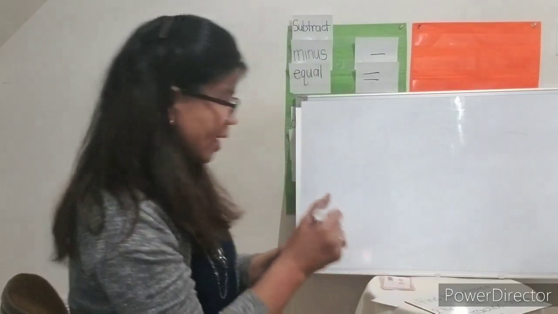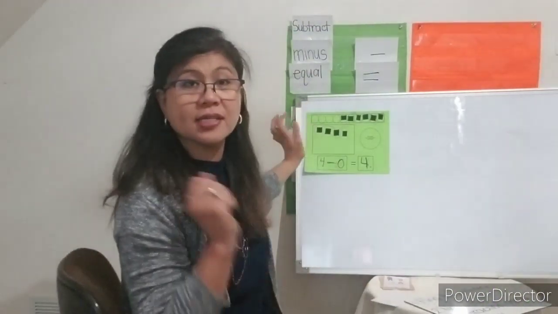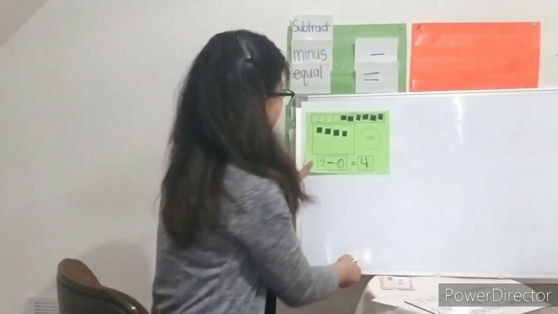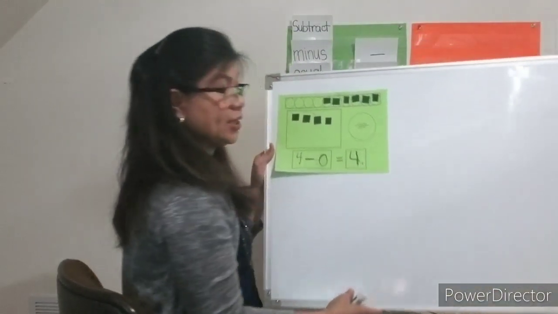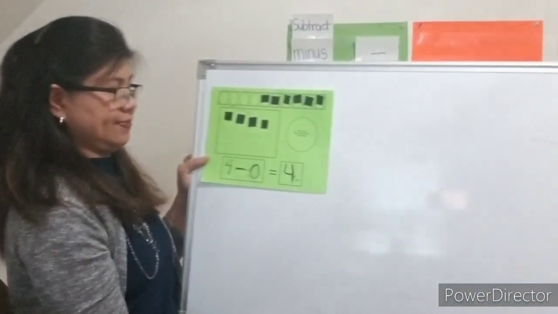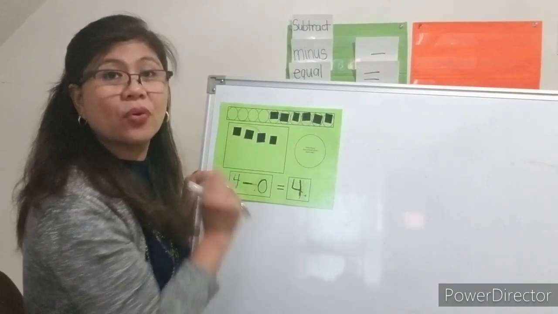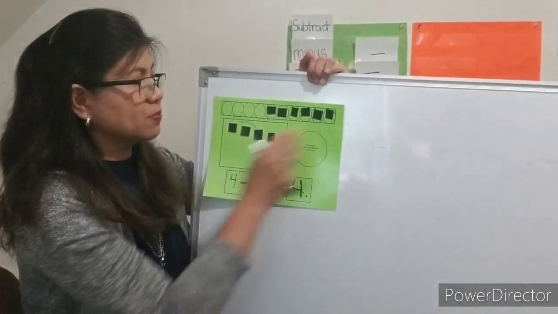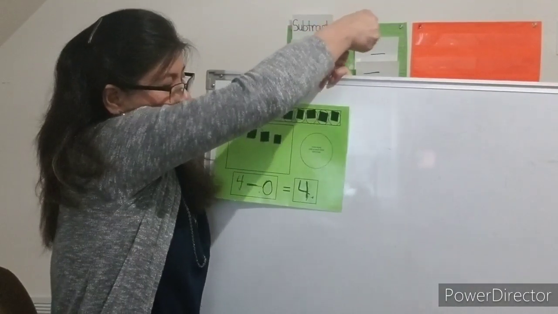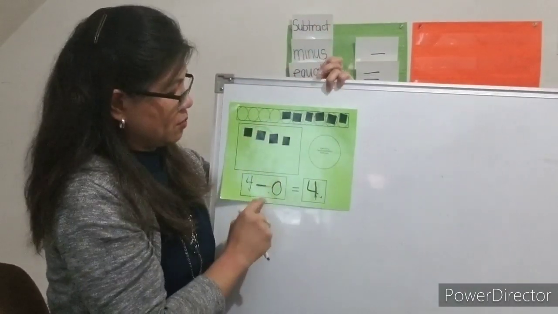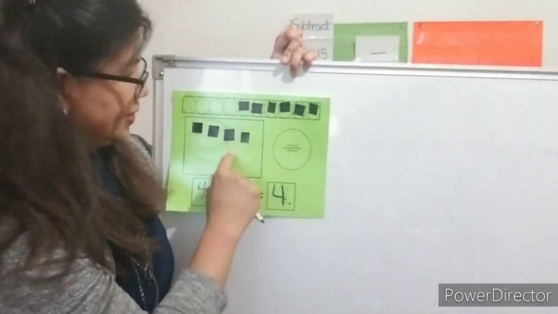All right, so let's put it here and let's try to write a subtraction sentence. Okay, we need some words now. Oh, this is the subtraction sentence. We need to write problem stories, subtraction problem stories. Okay, so let's write a problem story using this.